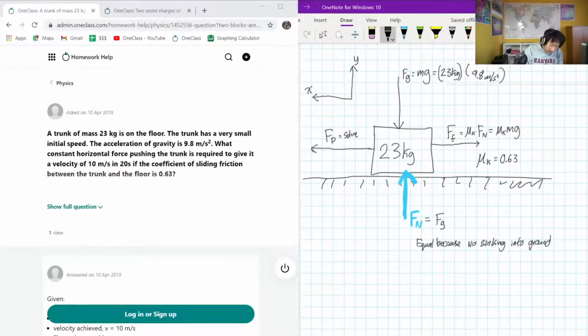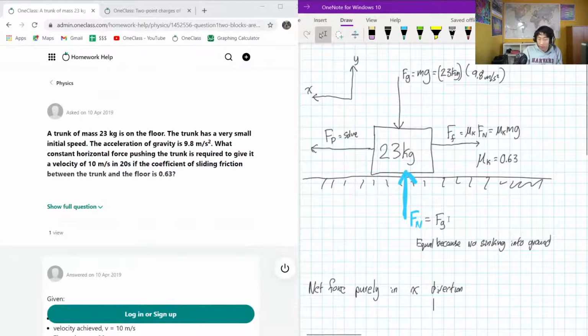We know that the sum of the forces in the y direction has to be 0, and that there has to be a net force purely in the x direction.